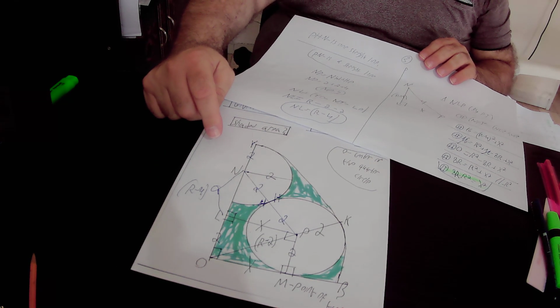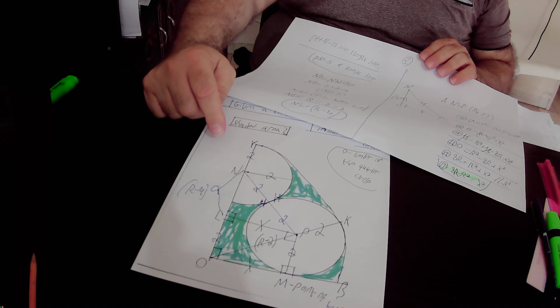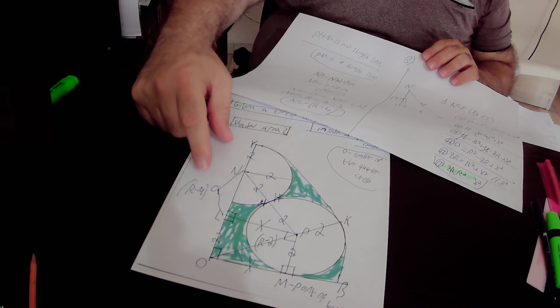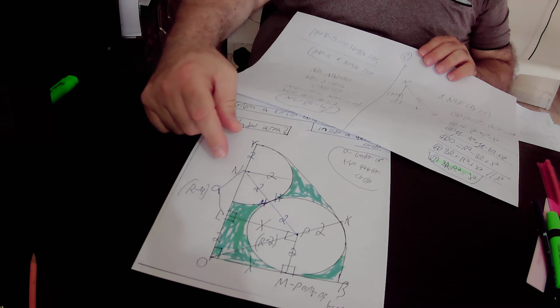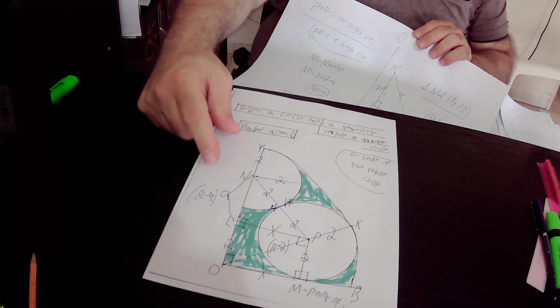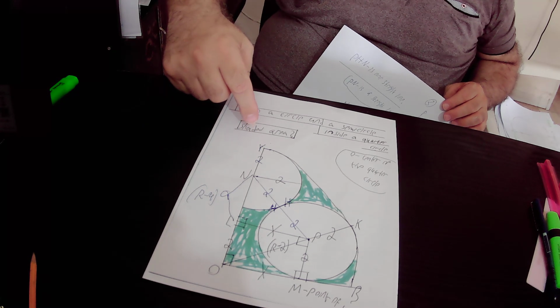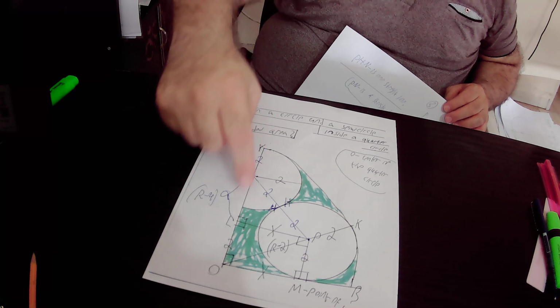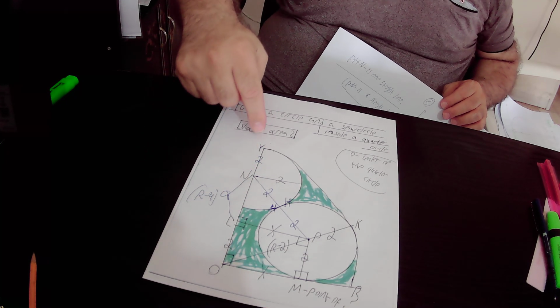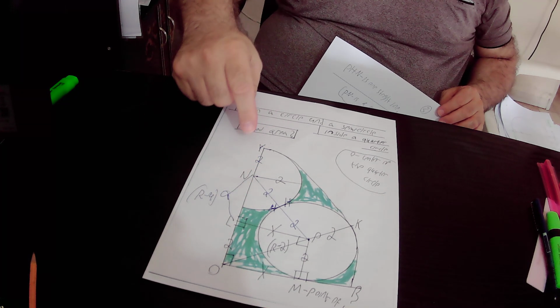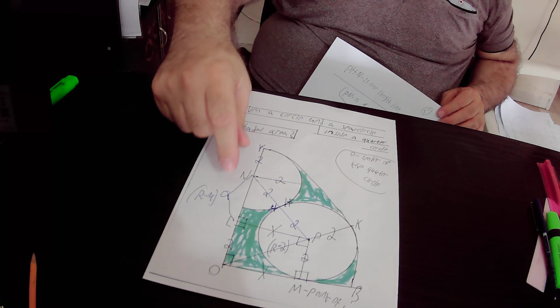So I copied the right triangle, then found out the length of side NL. What is the length of side NL? It is very easy to see from the drawing that it is equal to the radius of the quarter circle minus YN minus LO.